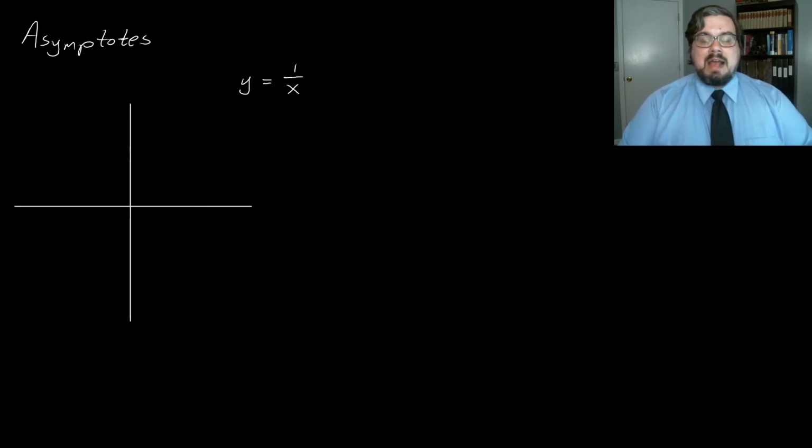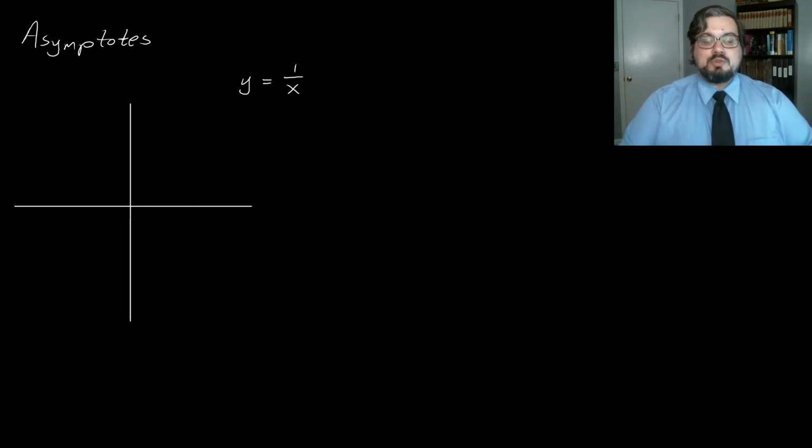This is a graph you should put in your toolbox, in your library of functions that you recognize, going along with linear functions and the parabolas for y equals x squared and absolute values. Y equals 1 over x is another one of these. It's sort of our basic rational function.